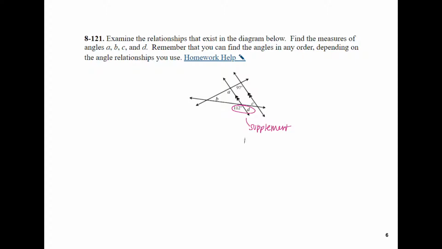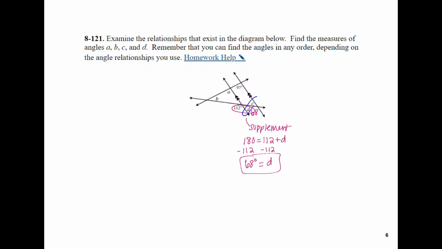And I know that 180 is equal to 112 plus D. So I can solve for D using my inverse operations, and I know that D is 68 degrees. So I always go ahead and write them where my letter is in case it helps me find another one.